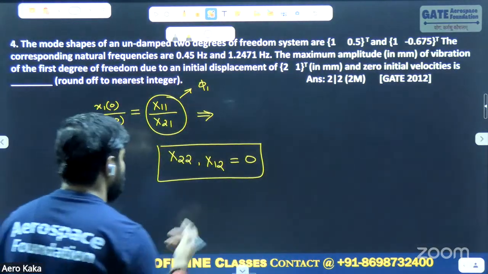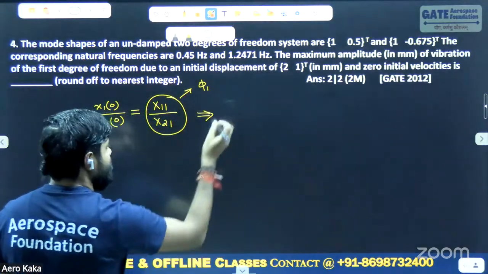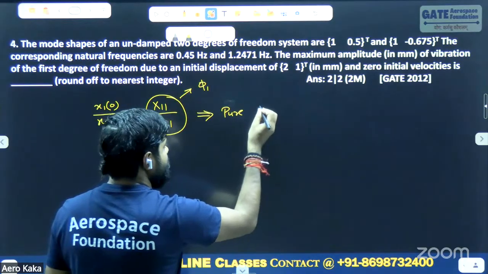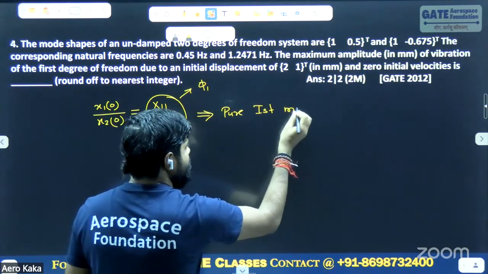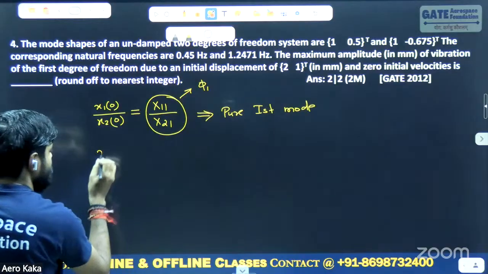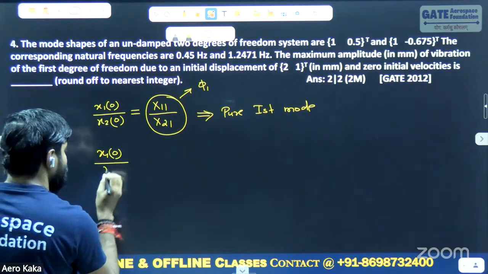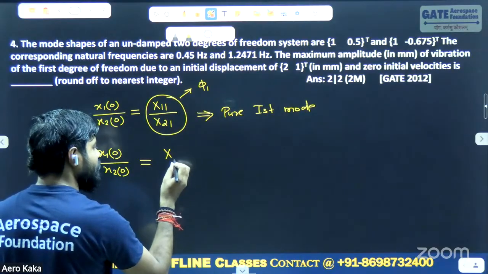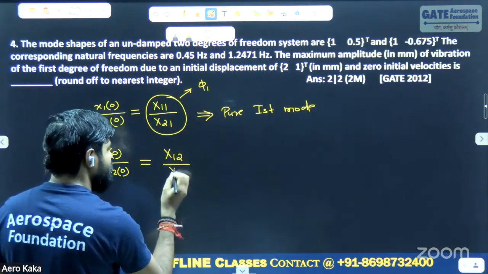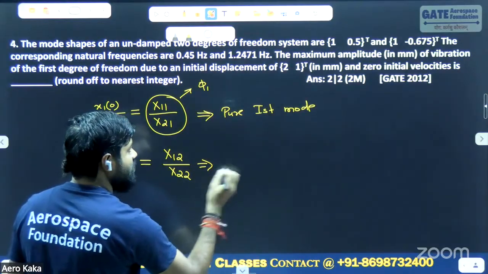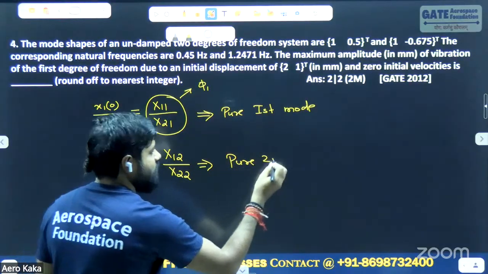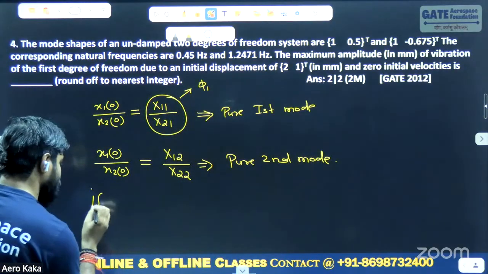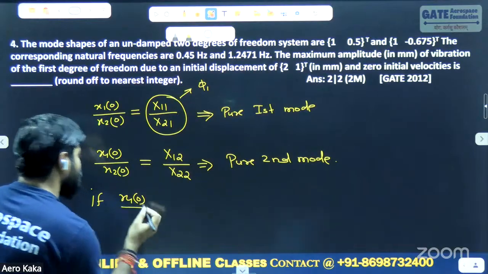Second thing, so this is pure first mode. If x10 upon x20 is equal to x12 divided by x22, it means it's a pure second mode oscillation.